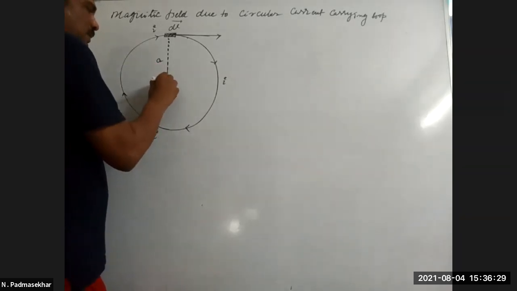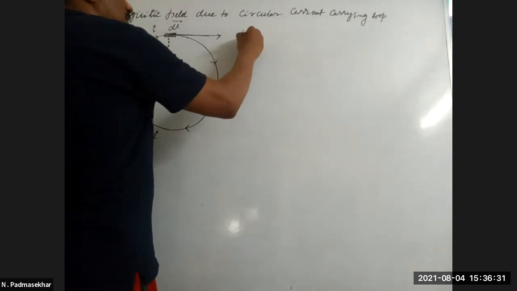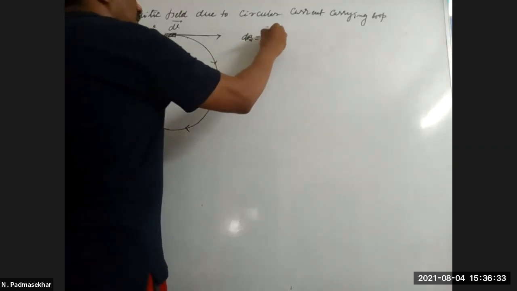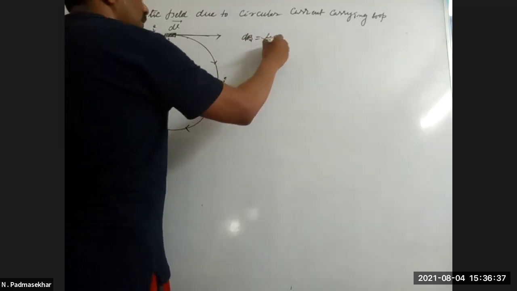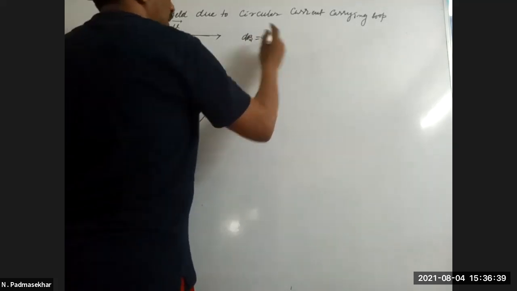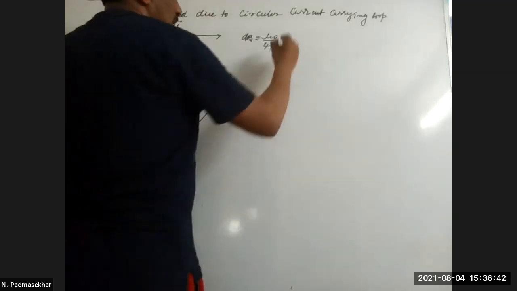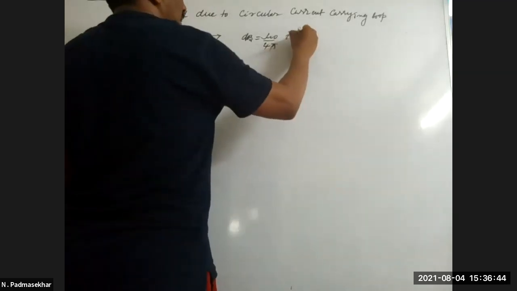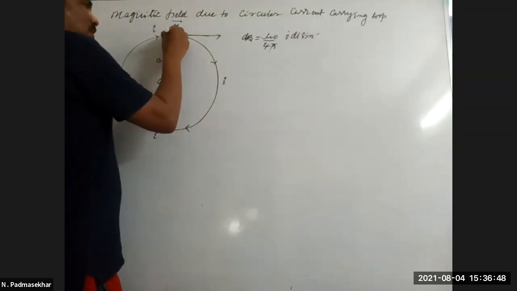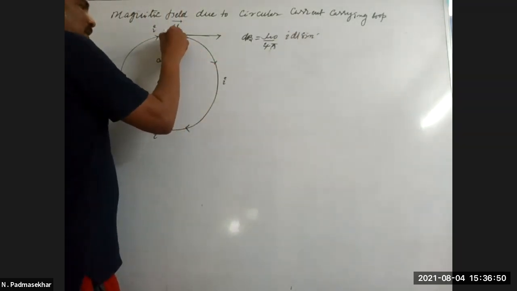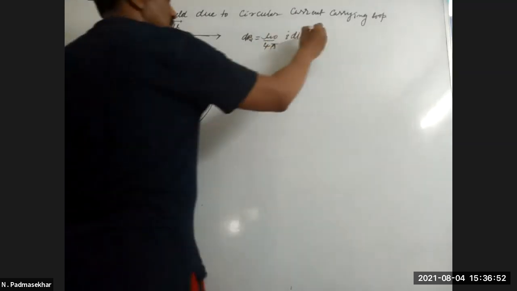So according to Biot-Savart's law, dB is equal to mu naught by 4 pi I dl sin theta. What is the angle between the element and our point of consideration? 90 degrees.